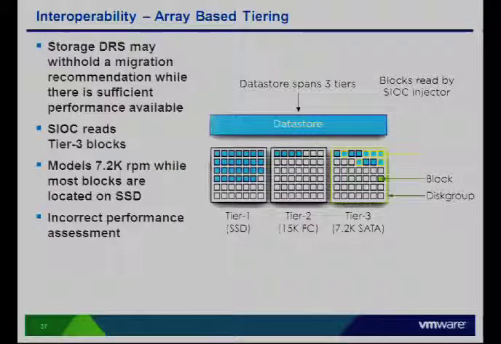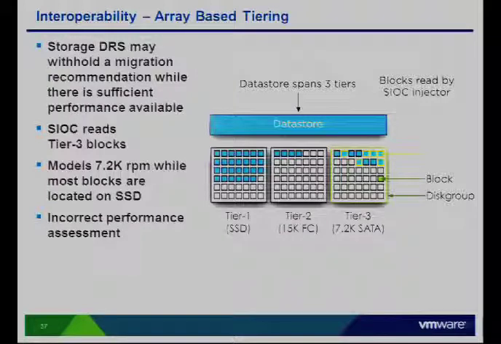Now, let's take a closer look at what happens with the decision matrix of I/O load balancing. In this scenario, this datastore is being backed by 3 tiers: SSD, Fibre Channel, and SATA. Now the SIOC injector starts to open more blocks on the SATA devices than on all the others. With the outstanding I/O and with the latency, Storage DRS thinks, okay, this is a low performing datastore.